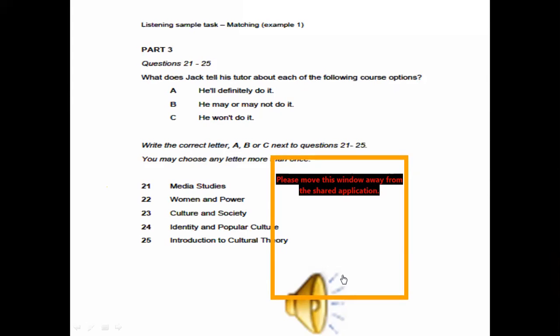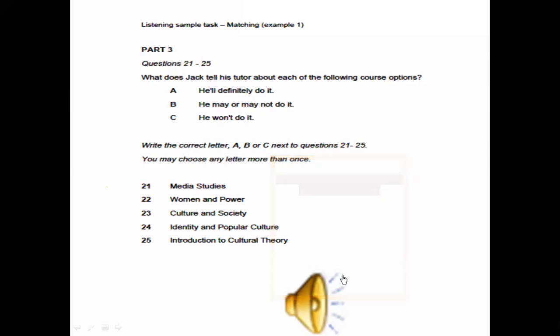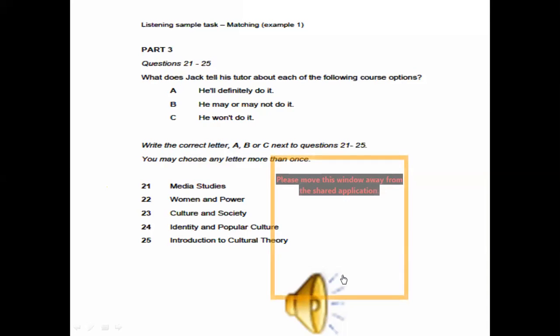That approaches the subject through things like contemporary film, adverts, soap operas, and so on. That sounds interesting. Can you tell me who runs it? Well, it's normally Dr. Stevens, but he's on sabbatical next semester, so I'm not sure who will be running it. It should be decided by next week, though. Right. Well, I might wait until then to decide. And the last option is Introduction to Cultural Theory, isn't it?